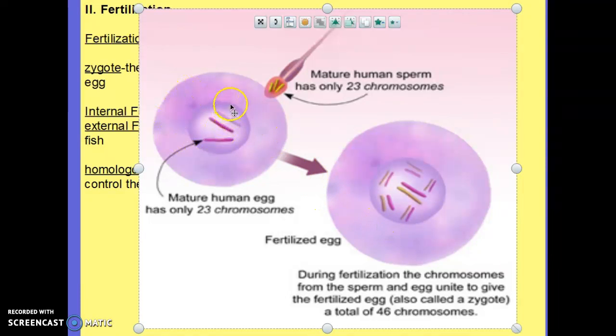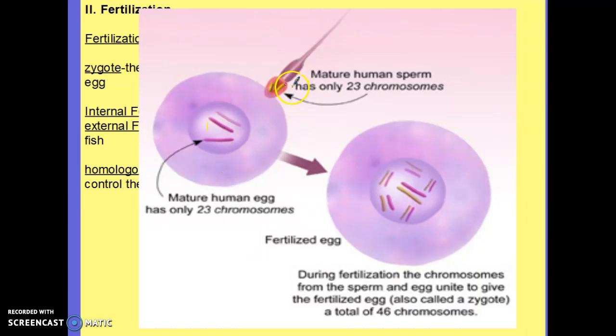This is the zygote. This represents that fertilized egg. For some reason in this picture they've added extra chromosomes. But the point we should see is that we have 3 here, and we should end up with 6 over here.